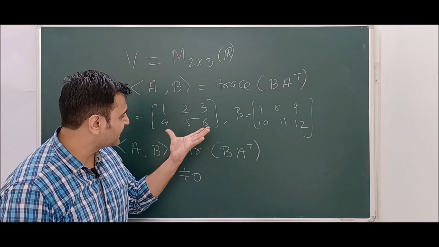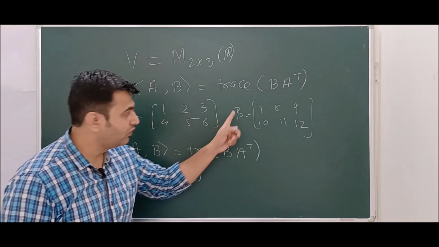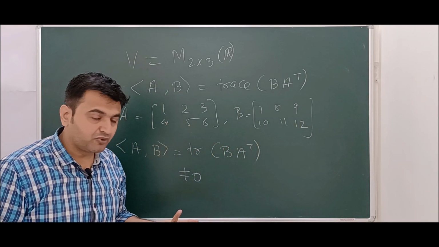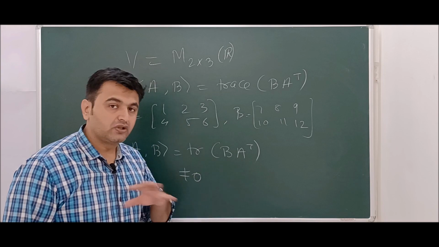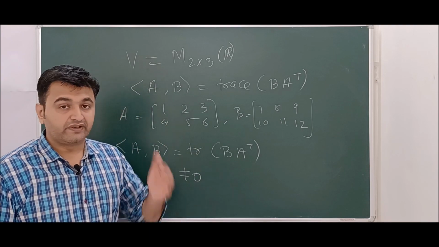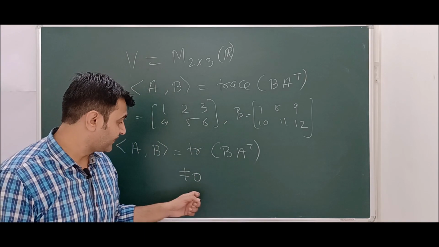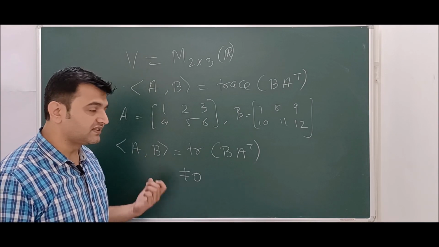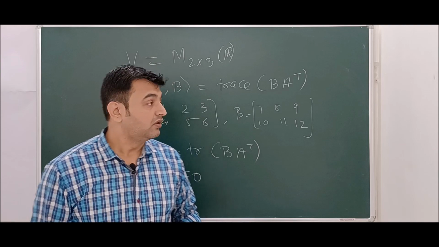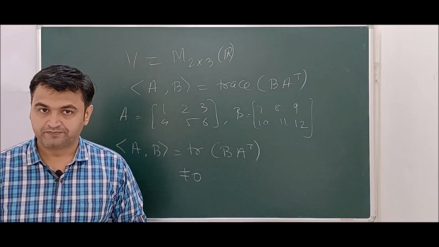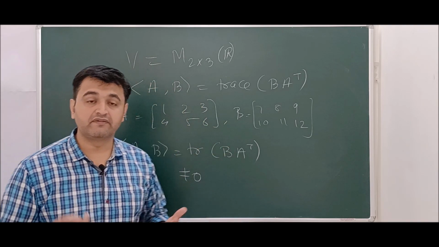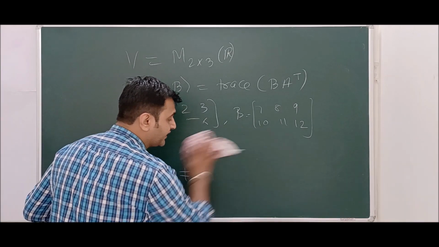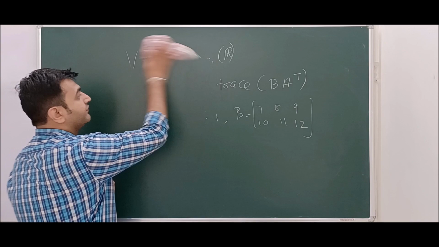Why non-zero? You can directly see all the entries are positive. You take the transpose, entries are still positive. You take the product, all the entries are still positive. So when you add the diagonal entries, the answer is non-zero, it is positive. Okay, so therefore these two vectors are not orthogonal for this inner product. So that's how one can check whether two vectors are orthogonal or not by simply computing their inner product.